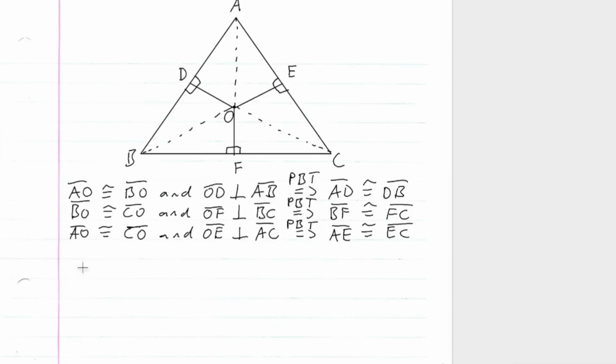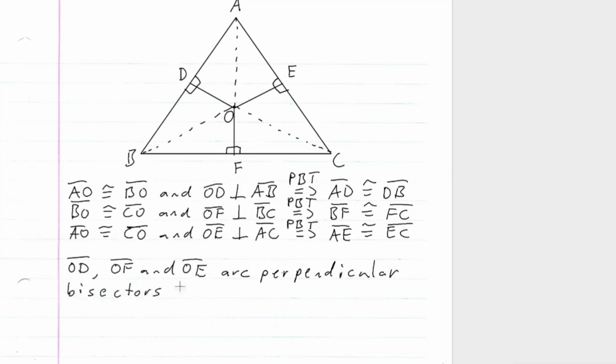Okay, so this means that OD, OF, and OE are perpendicular bisectors, so OD is the perpendicular bisector for AB, OF is the perpendicular bisector for BC, and OE is the perpendicular bisector of AC, respectively. Right?